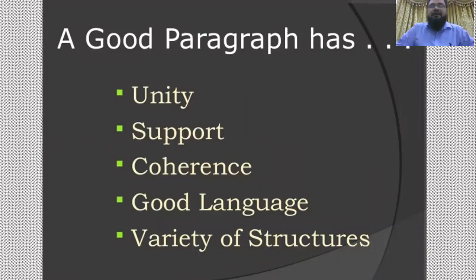A good paragraph has unity, support, coherence, good language, variety of structures. Unity. Unity means one idea is united with the other, and it is supported with different arguments, ideas, and coherence.